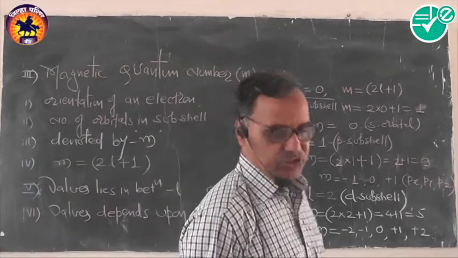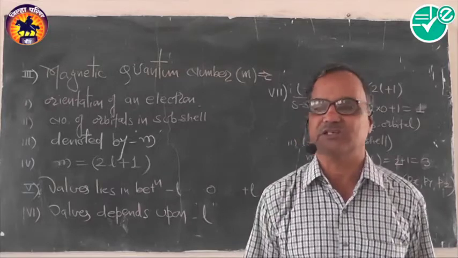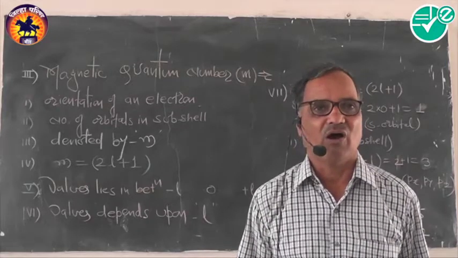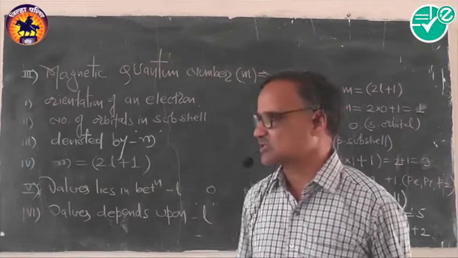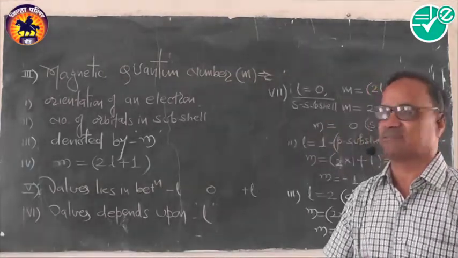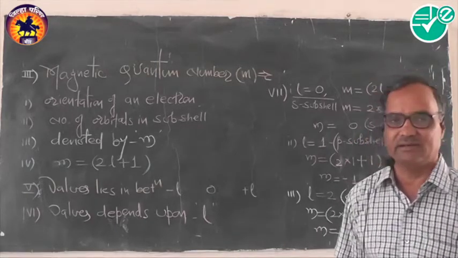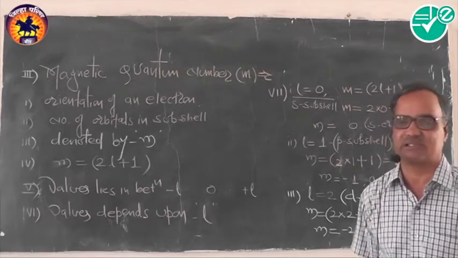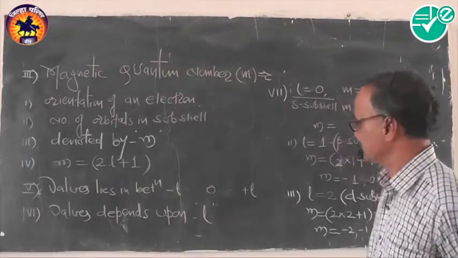And that's why this quantum number, which gives the shape of the orbital, is called the orbital quantum number. So this is all about the principal quantum number and the azimuthal quantum number, which we studied in yesterday's lecture.